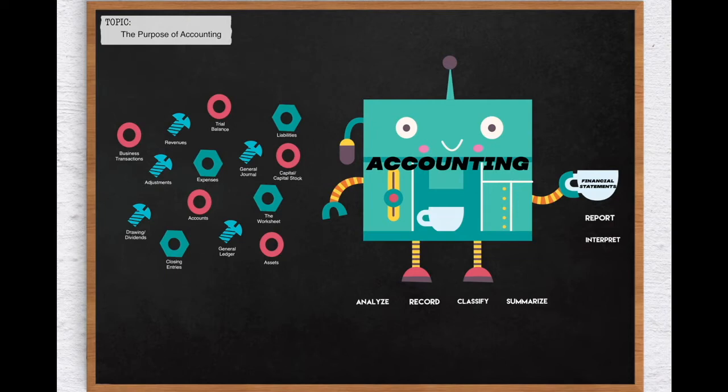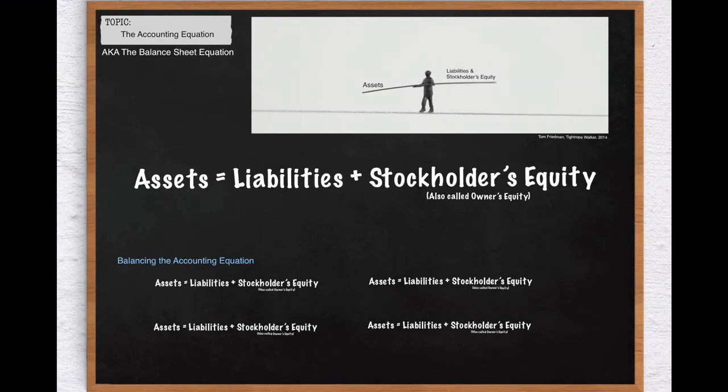Everyone from the owners, managers, employees, investors, the government, competitors, creditors, suppliers. Everyone uses financial statements to make decisions regarding a business or a person. Even personally, if you go buy a house or a car, the first thing they do is run a credit check. And really, that credit check is looking at your financial statements, how you're doing financially to see if you can afford that house or afford that car to be able to pay it.